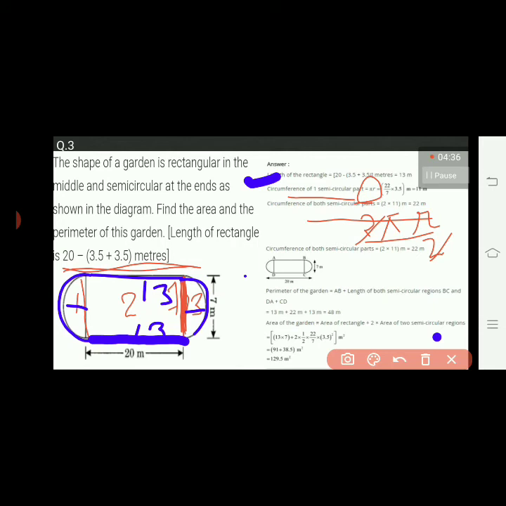So 13 plus 13 and 2 semicircles' perimeter we have calculated is 22. So it is 13 plus 22 plus 13, answer is 48 meter is the perimeter of the given figure.